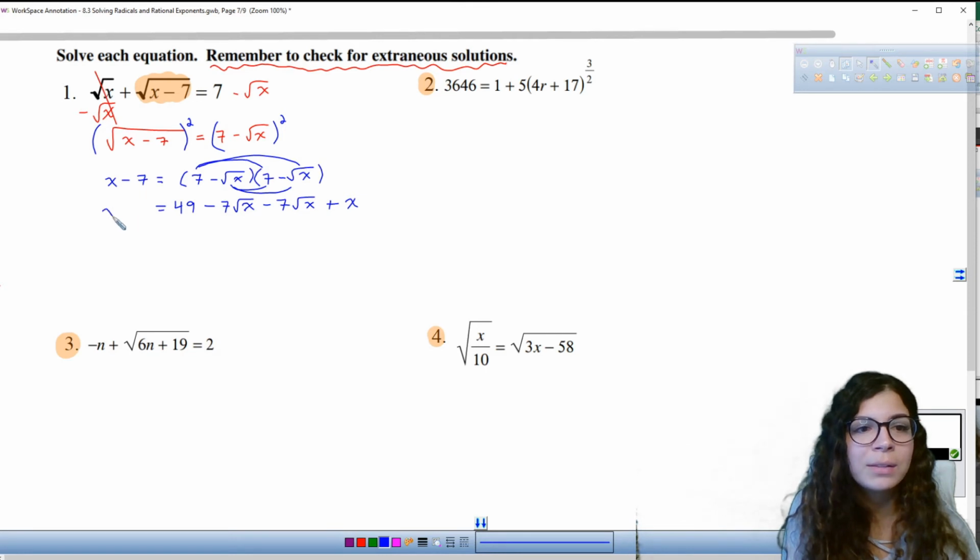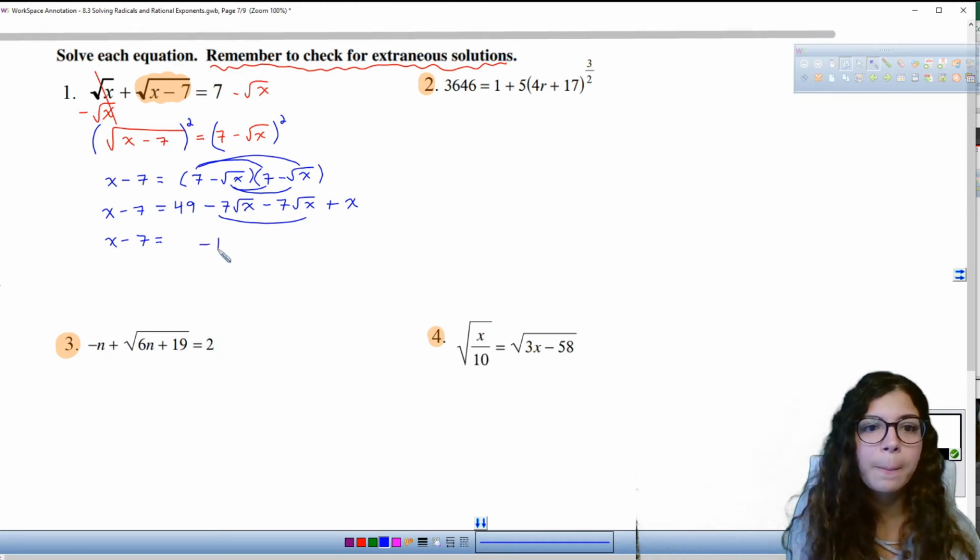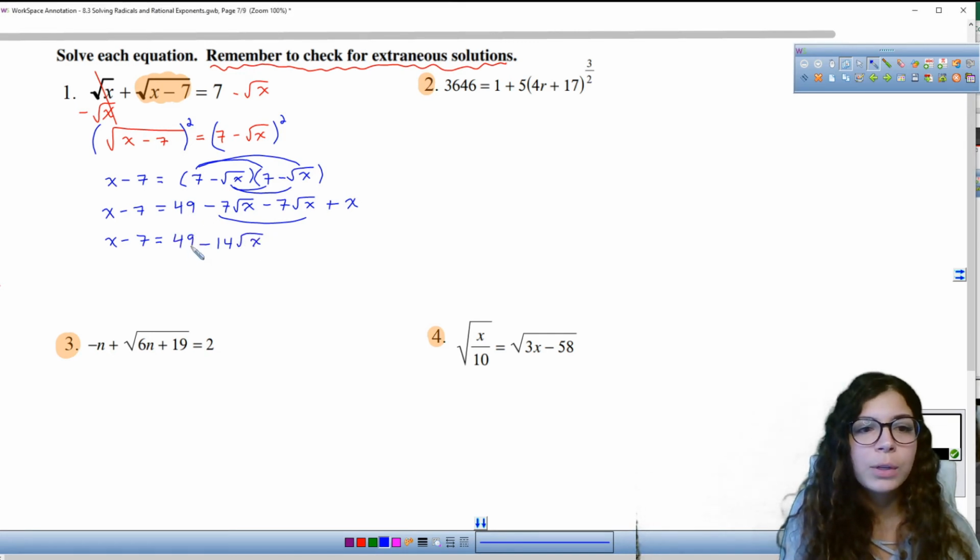On the left-hand side, of course, I'm just going to bring that down. Now, the middle combines, right? We have negative 7 square root of x minus 7 square root of x, which would be negative 14 square root of x's. And I'll bring down the 49 and the positive x.